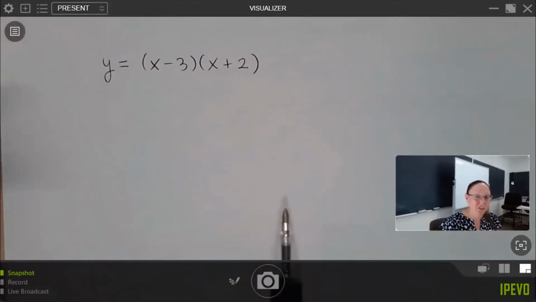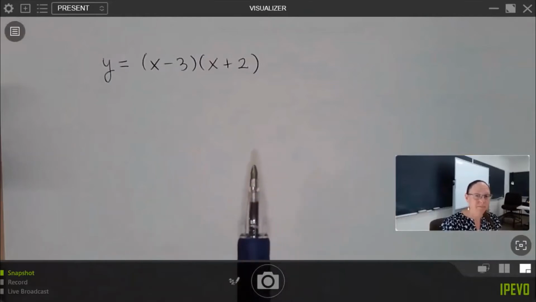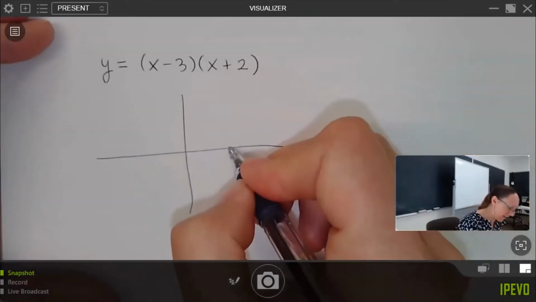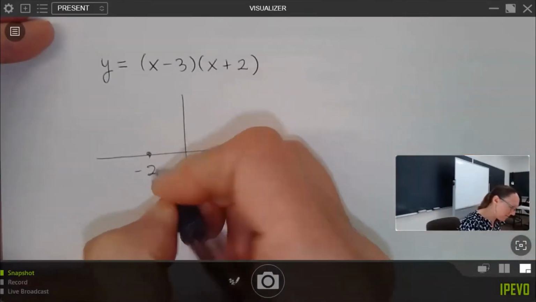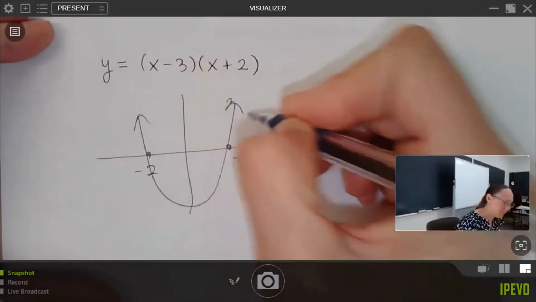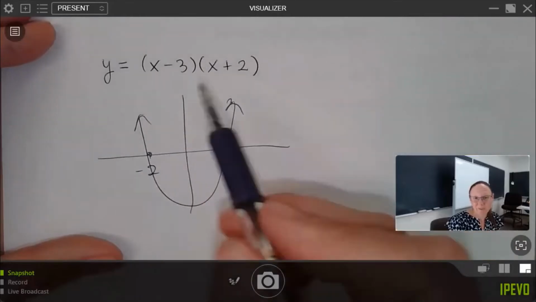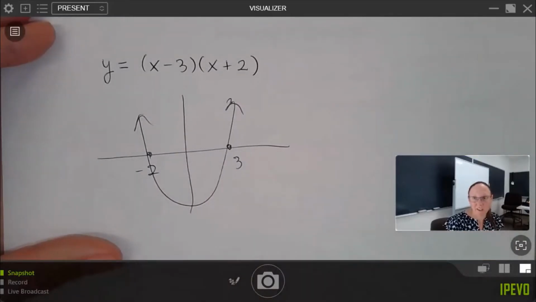But I expect you to look at that, not think too hard, and be able to sketch a quick graph and go, oh yeah, the intercepts are at 3 and negative 2, opens up. That's what I expect you to be able to do quickly in calculus.